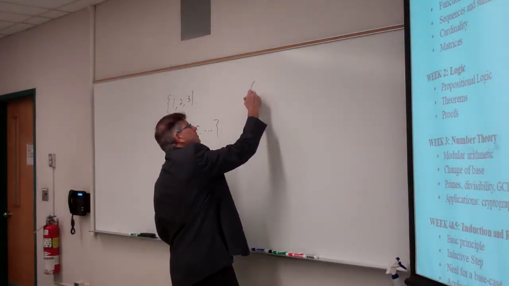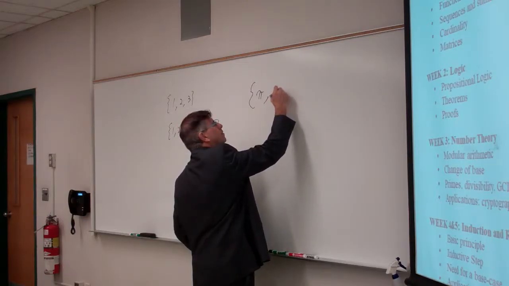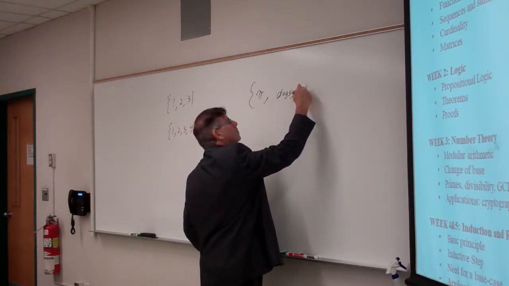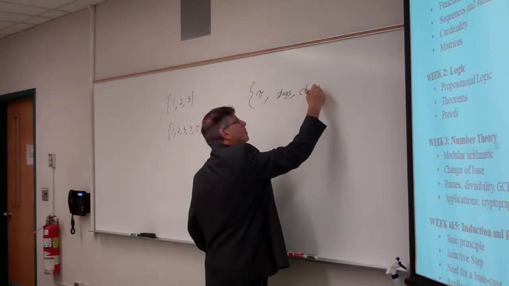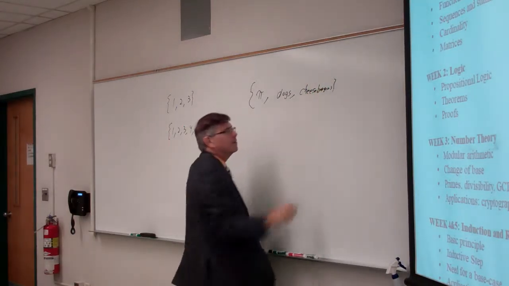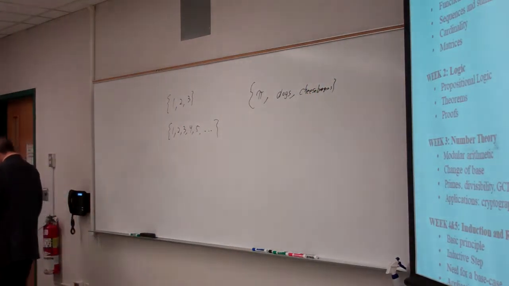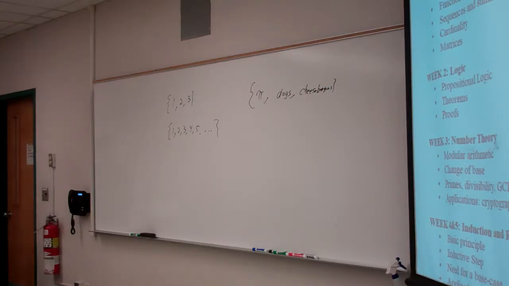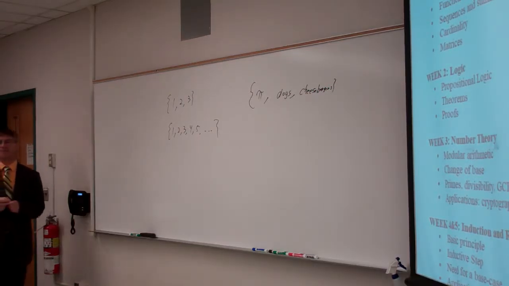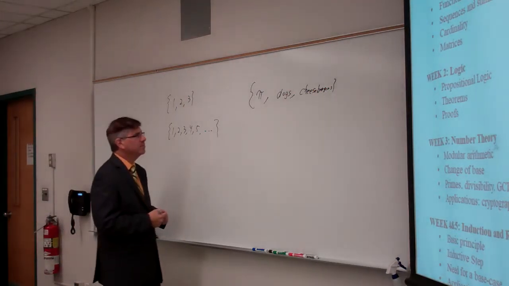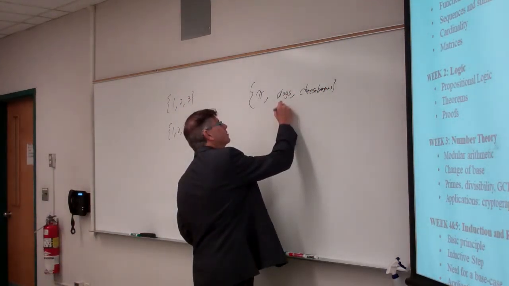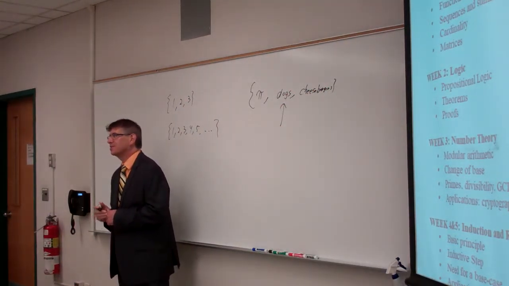It could be a collection of things that don't seem related to each other. That's a perfectly fine set. It's got 3 elements. It could include things that are themselves collections of other things.